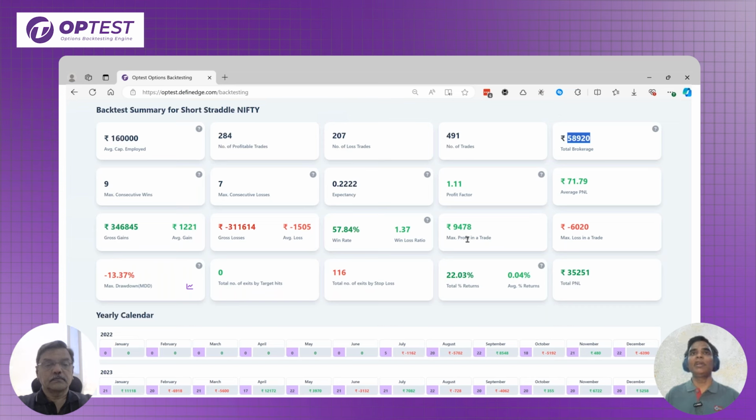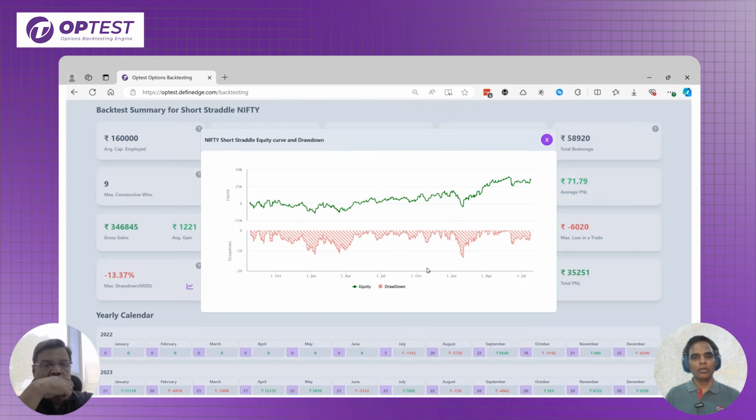Maximum profit in a trade. So, how much maximum profit you can expect? 9,500 rupees. Maximum loss in a trade, it's up to 6,000, provided you have a stop loss of 30%. Maximum drawdown. So let's look at a chart here. Now the maximum drawdown happened somewhere here. Okay, 13% here.